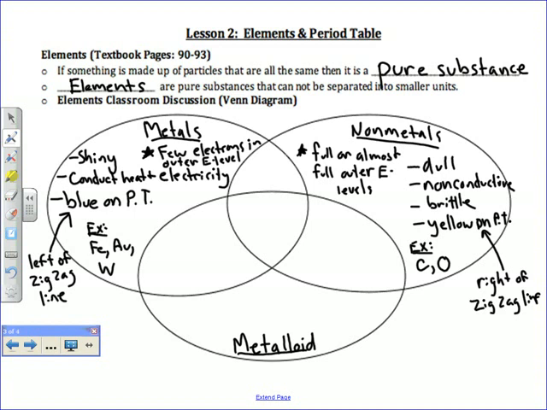Metalloids have a lot of different properties as well. Some of them are semiconductors, which means that they might conduct electricity well, but not heat as well as a regular conductor would. They're green on the periodic table that you can find in your textbook.